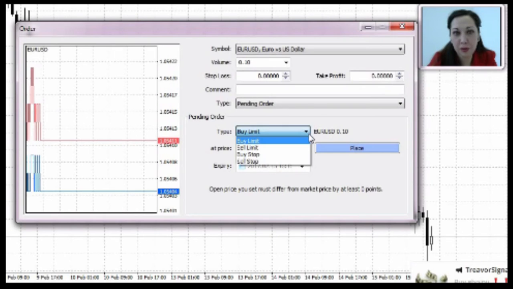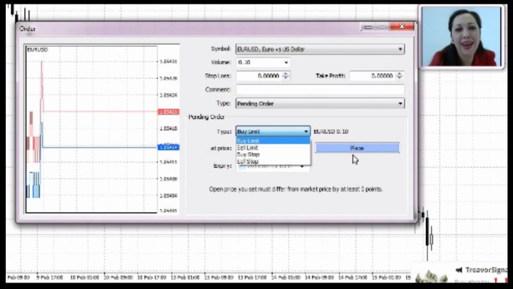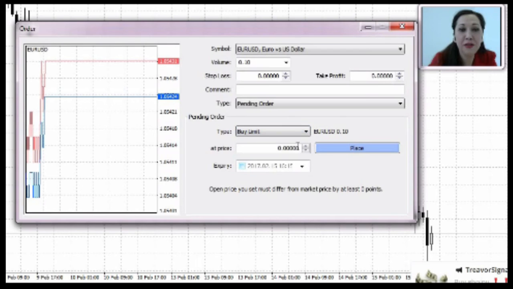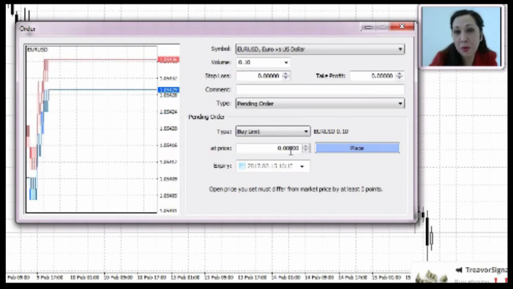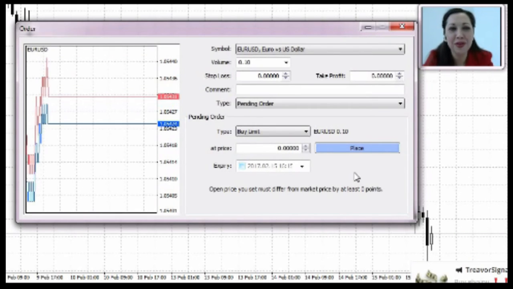There are different types of pending orders: buy limit, sell limit, sell stop and buy stop. You set the certain price at which your trade will be opened, even if you are not in front of your computer. Also, by setting this price, you can set stop loss and take profit. You have already known these orders.